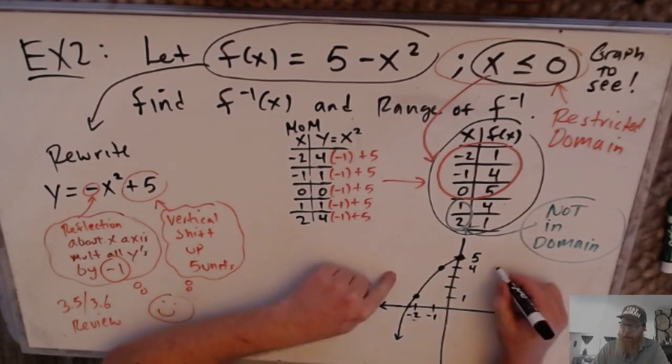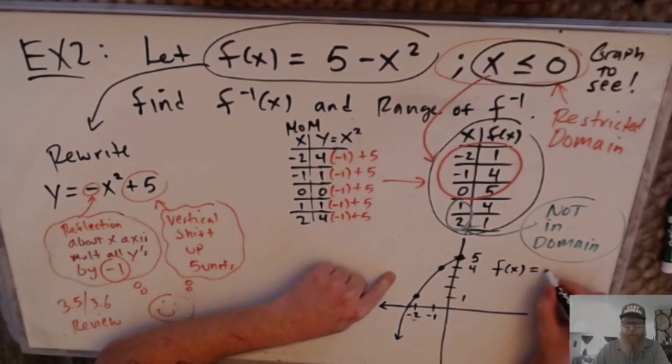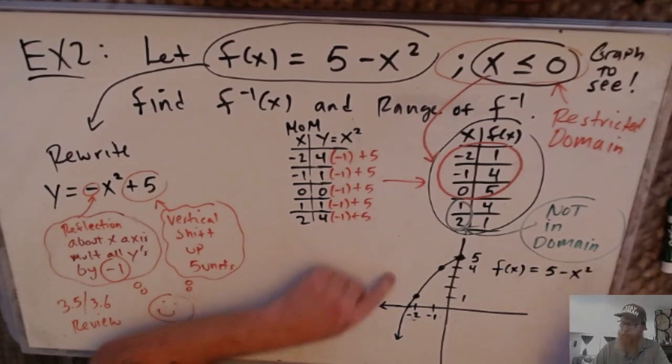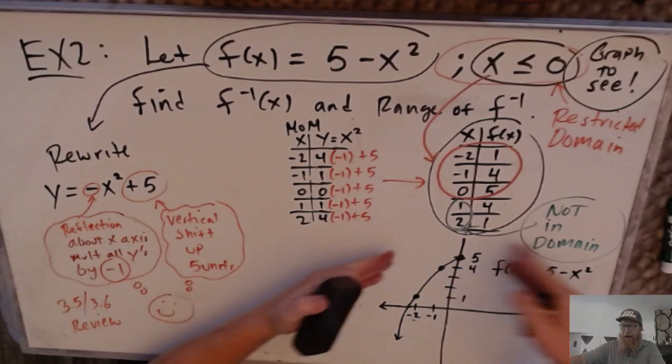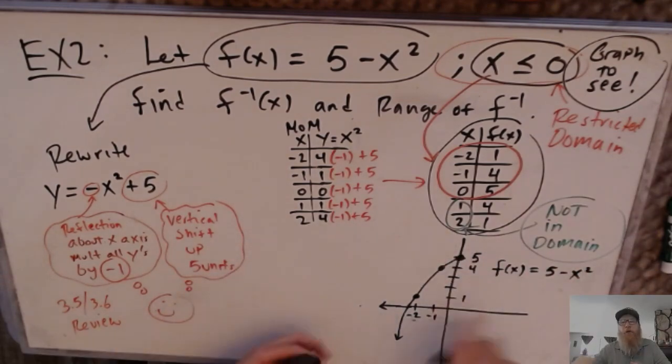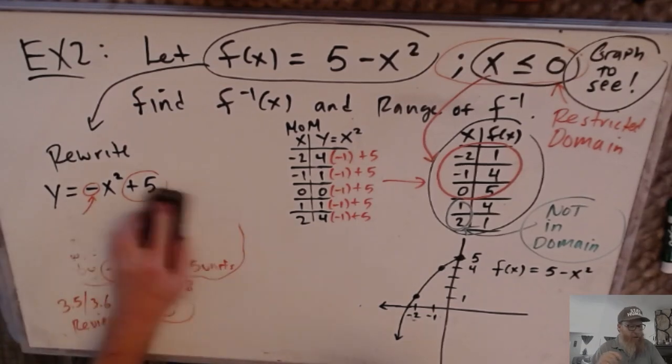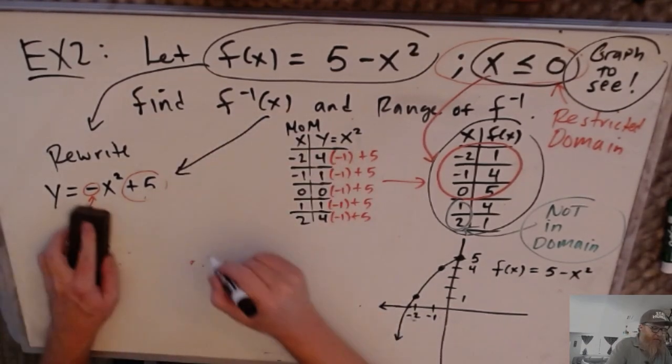All right, so this is our f. So now you see the graph essentially turns the lights on. Now you know what we're talking about. Okay, let's come back over here and find the inverse function.